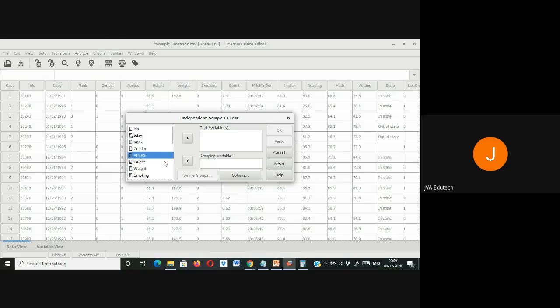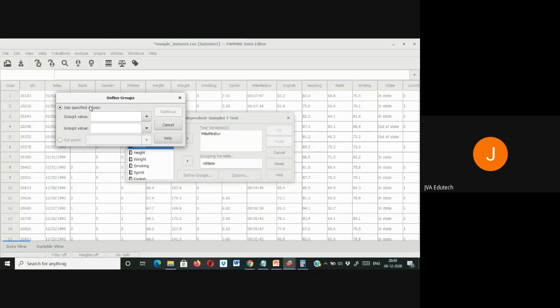So my test variable was time taken to run a mile, and grouping variable was athlete. Now I will define the groups. Group 1 is 0, non-athletes, and group 2 is 1, the athletes.